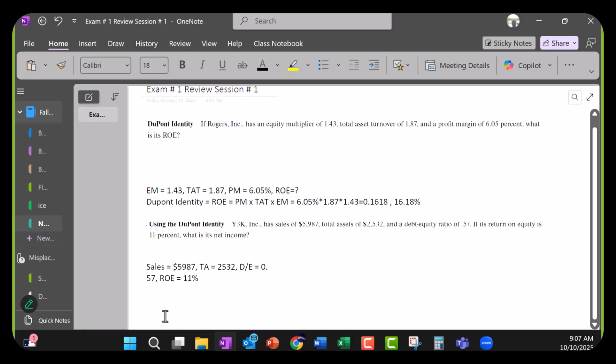All right. Now, among these things that are given to you, which one has net income in its definition? No, sales is just sales, and total assets is just total assets.